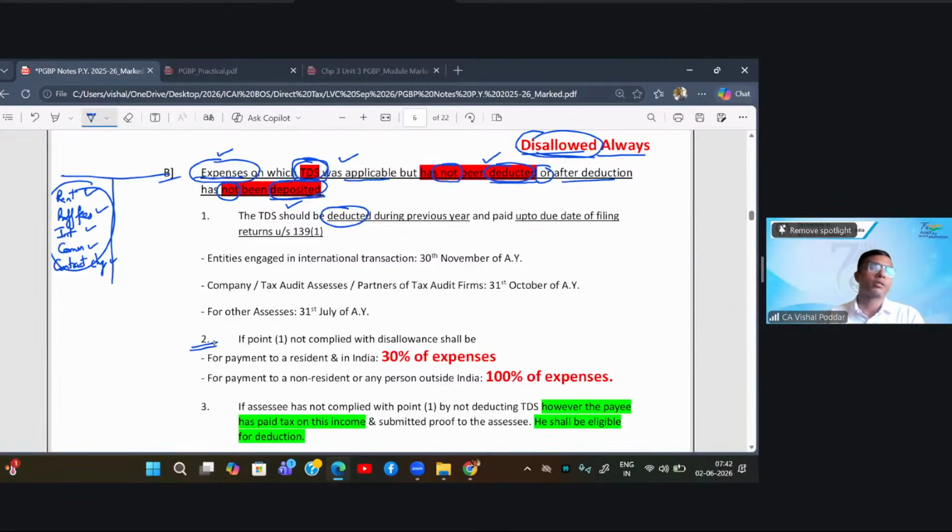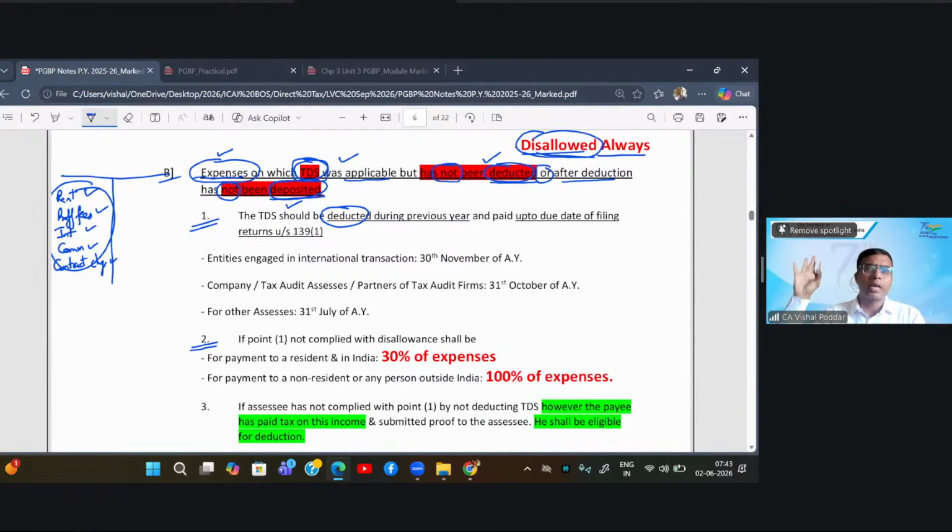Now, how much will be disallowed is given in point number 2. But before that, I would like to take point number 1, which puts a technical point. What is this technical point? Please be attentive for the next 5 minutes. When you study the TDS chapter, they have given you some timeline for deducting the tax. In the PGBP chapter, they are saying that once you are covered in the TDS chapter, it means TDS was required to be deducted.